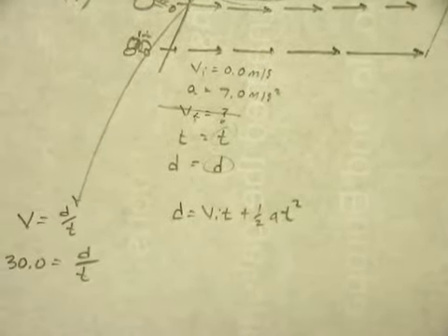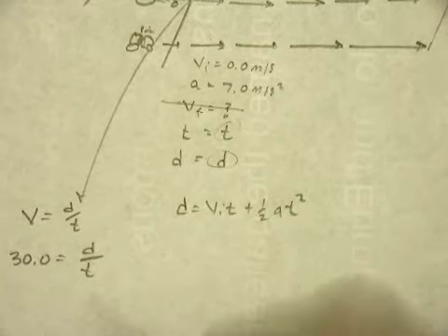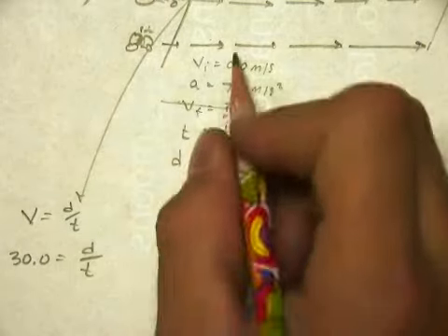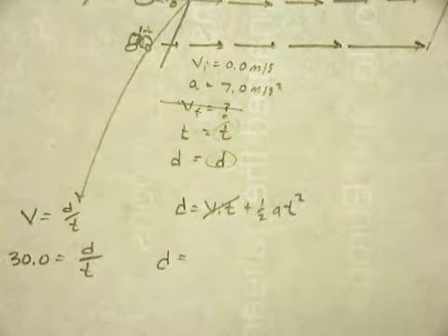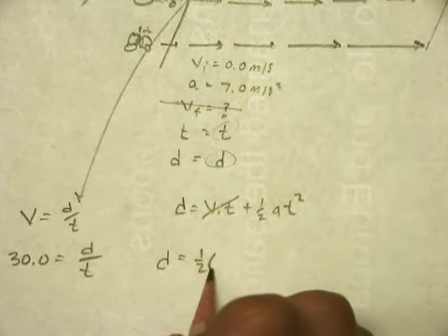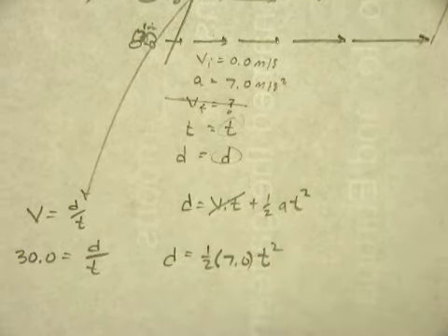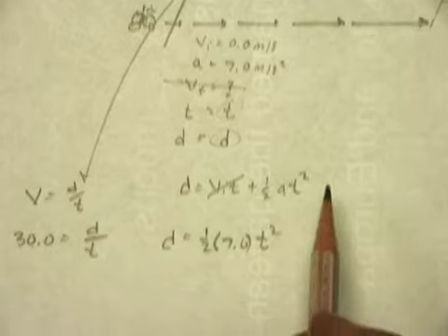And you're wondering, where in the heck am I going with this? Well, if I have two unknowns, I have to get two equations to solve for my two unknowns. So then I have this one. The distance is d. The initial velocity is 0, so this cancels out. 1/2. The acceleration is 7 t squared. Now, if you look at this, I've got two equations with two unknowns in it. So you can solve this all different ways.